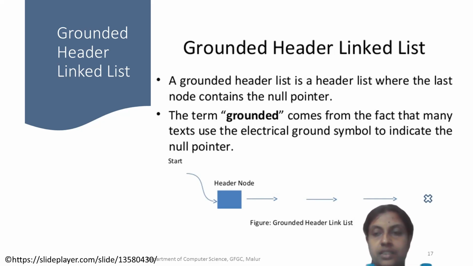Since it is last, we gave it a name. In electrical connections, we have a ground connection: the last connection, we just give to the ground. In the same way, since this last value will hold the null pointer, this is called a grounded header linked list.